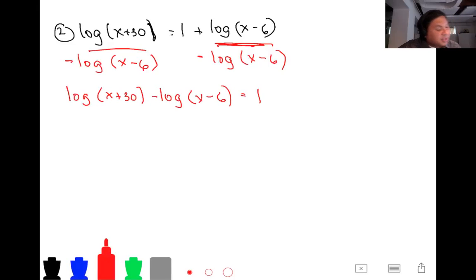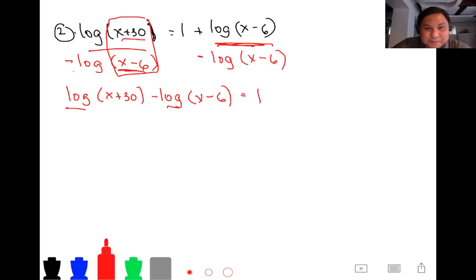So this now becomes logarithm of x plus 30 minus logarithm of x minus 6 is equal to 1. Take note, when you are subtracting logarithms, you do not subtract the expressions inside. Don't subtract them. It simply simplifies as a difference between two logarithms. The only way you can subtract logarithms is if they have the same powers. In that case, you only subtract their coefficients if they have coefficients.